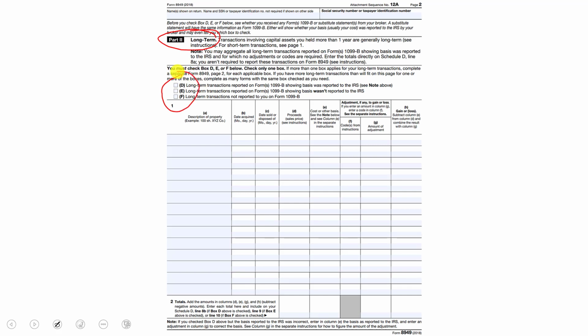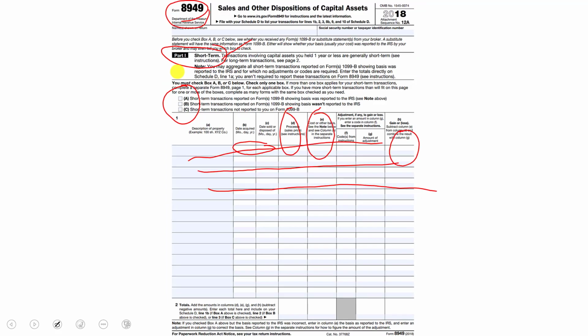And again, the A and the D, if you check it off, that means here I only can use this page for short term, where the amount being reported to the IRS and the taxpayer on Form 1099-B, for a broker or an escrow company, is reporting both the sales price and the cost basis. If I check off B, only B can be reported on this page.